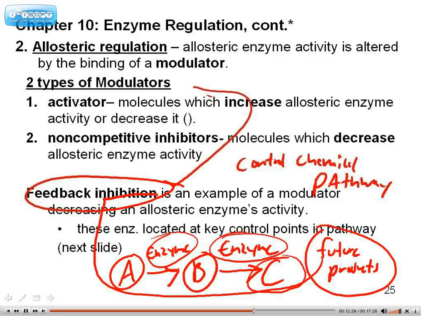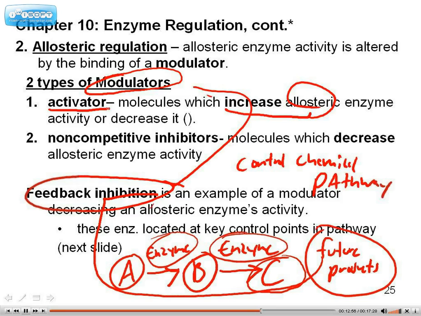Feedback inhibition is an example of a modulator decreasing an allosteric enzyme's activity. Notice how I jumped right into this. I don't want you to get caught up on this term modulator. Modulator basically means how are you affecting the enzyme. If you're increasing the enzyme activity via an allosteric site, we say it's an activator.